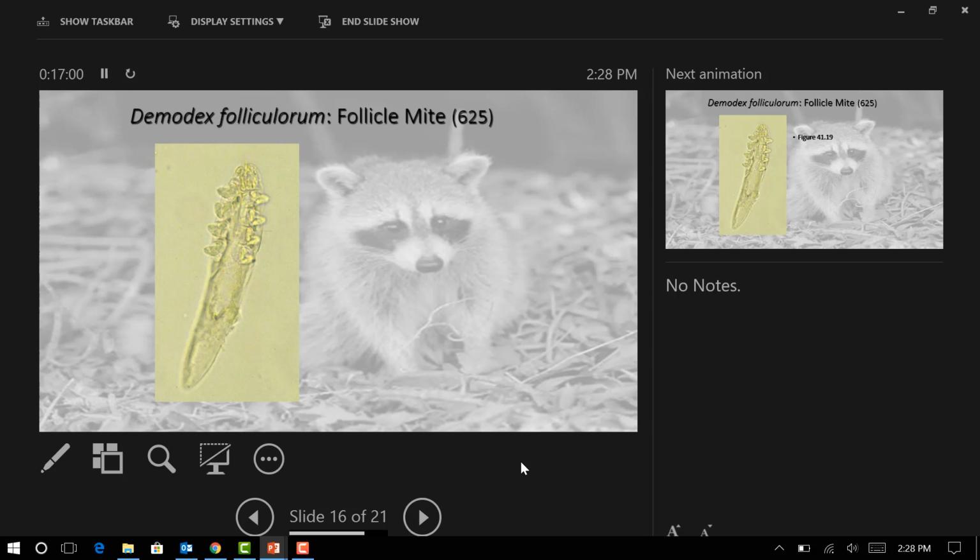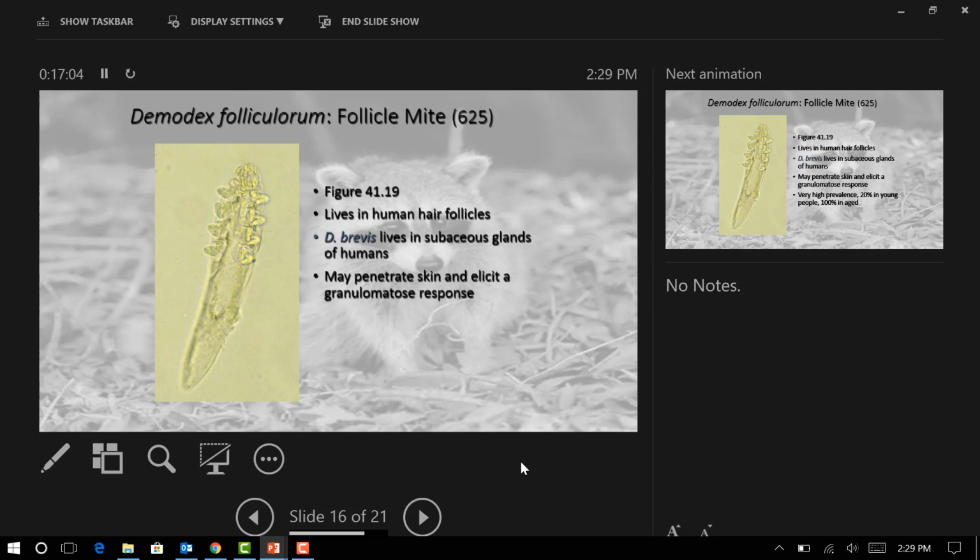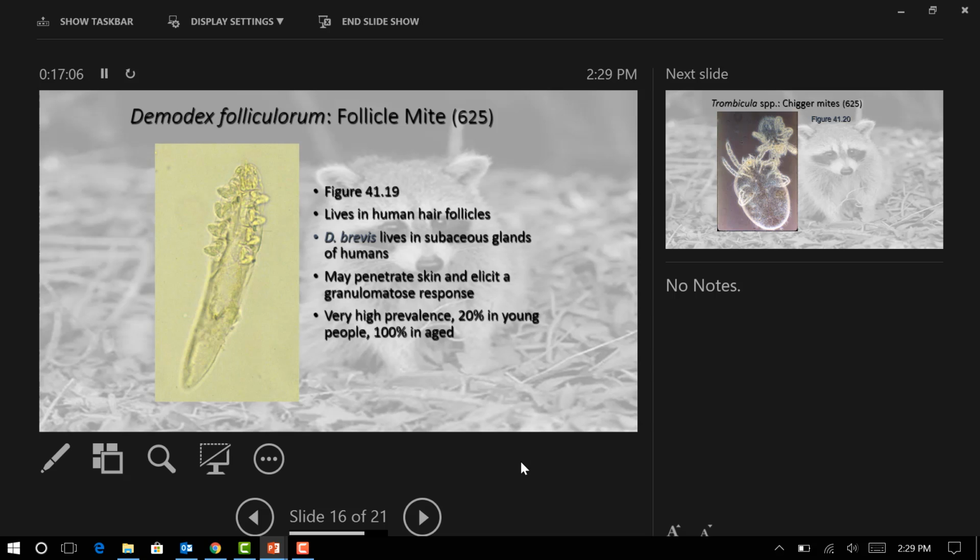So Demodex folliculorum, the follicle mite, these live in the follicles, the hair follicles, usually in your eyelids, where your eyelashes are. So you can see in a heavy infestation, you can get a lot of inflammation in your eyelids, and you can start to build up a lot of goop, a kind of a byproduct of these mites feeding.